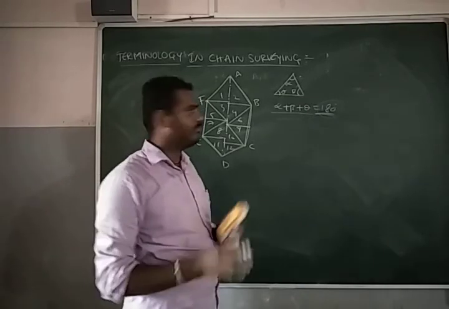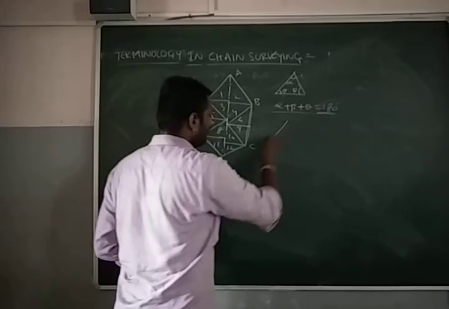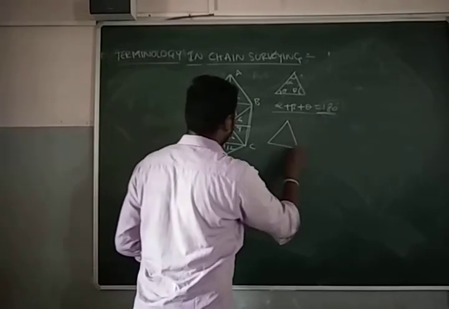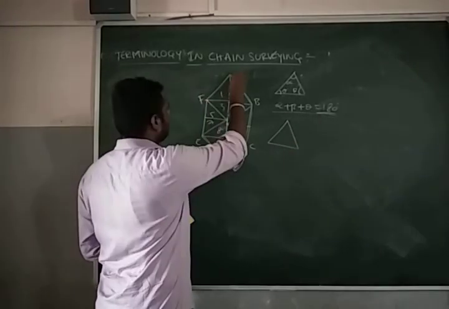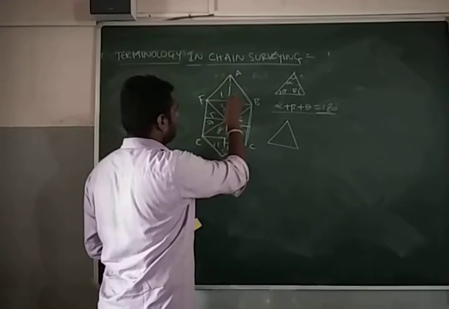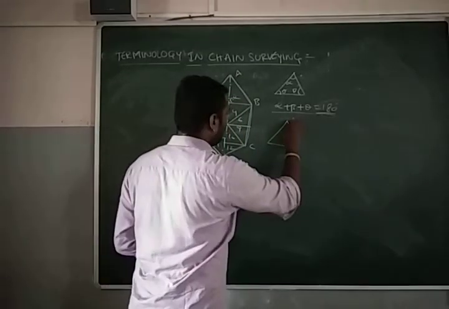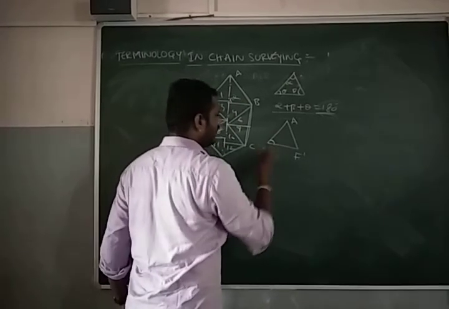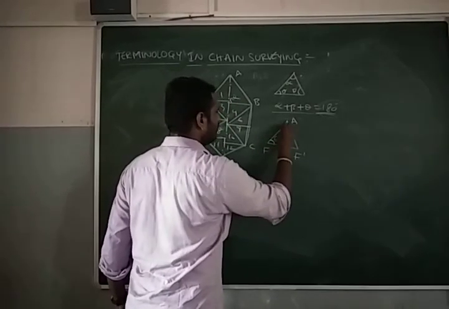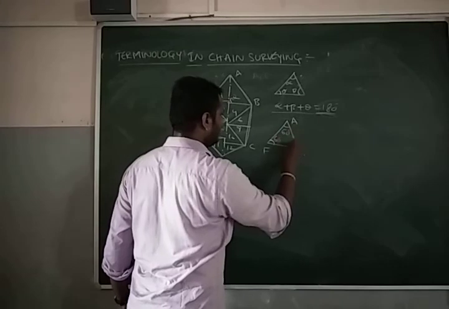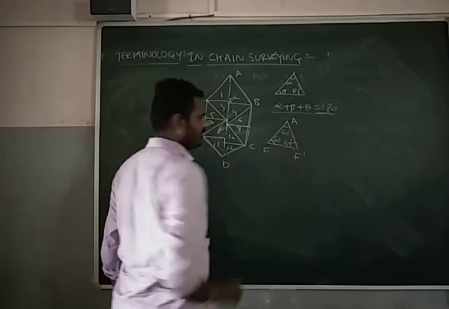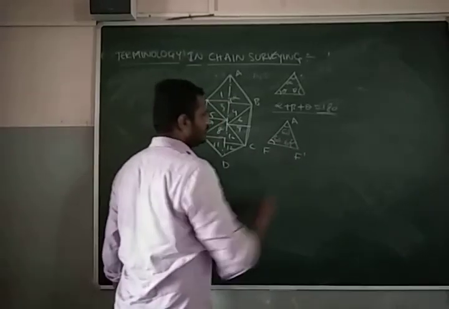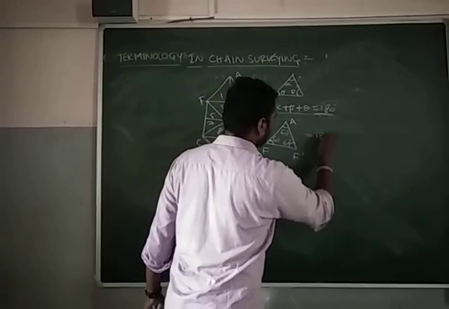condition triangles. First, suppose a triangle is formed over here, let me take A, F and F dash. If the angle bounded here is 60 degrees, here the angle is 60 degrees, and here the angle is 60 degrees, so 3 times 60 is 180 degrees.